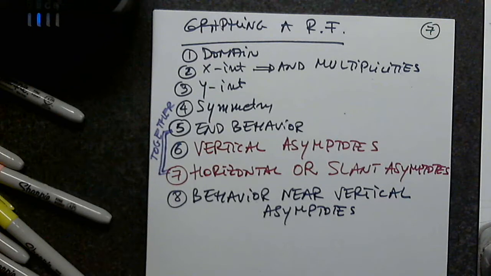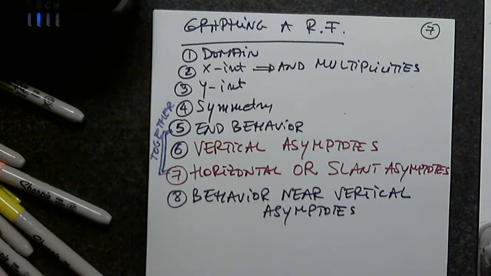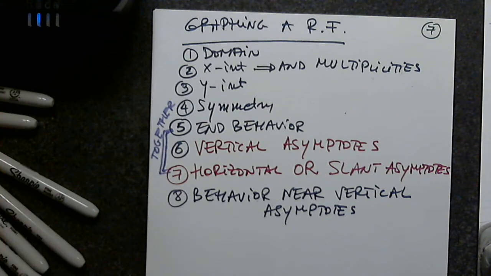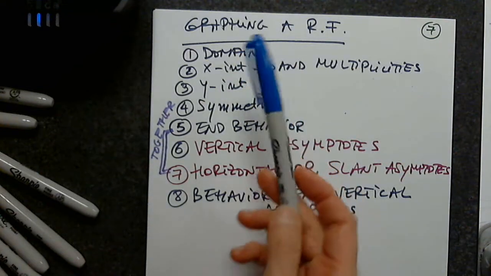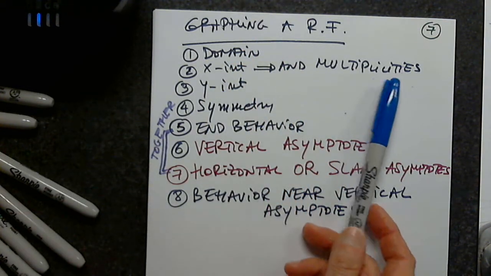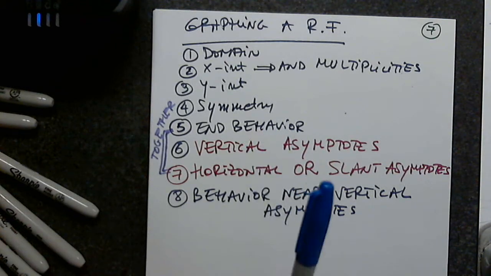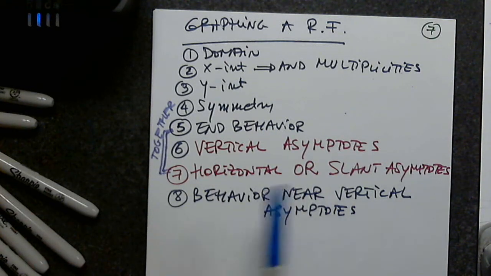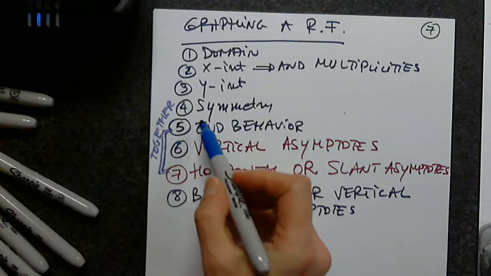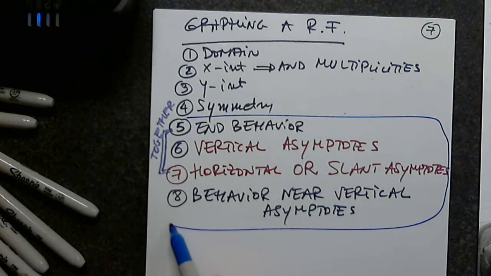This is it. I know it's a long list, but it's not going to be difficult. Just follow with me. Ask questions, stop me if you have anything. This we know, multiplicities we know, symmetry we know. And behavior we need to talk about: vertical asymptotes, horizontal and slant, and behavior. I'm going to talk a little bit about these, and then we'll start our first example.